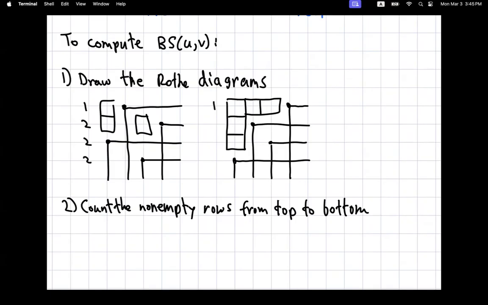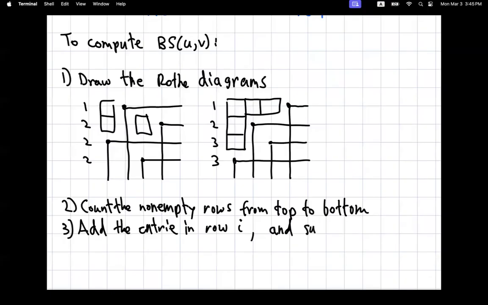And the one on the right, we have 1, 2, 3, and then another 3. And then third, we add the entries in row i and subtract the number i. And finally, like in the previous algorithm, we circle the largest total.